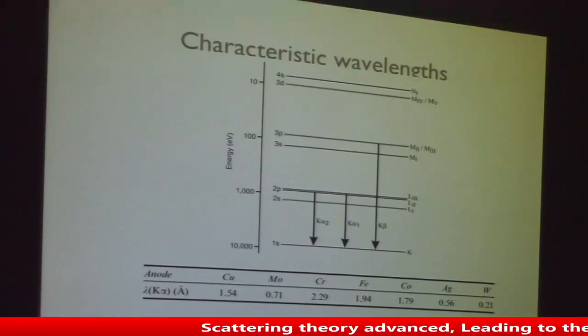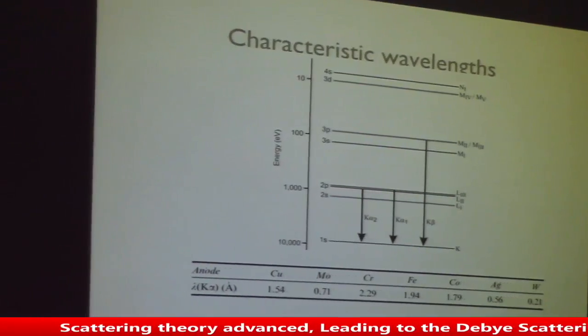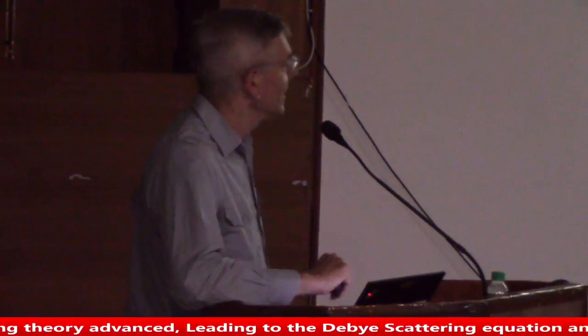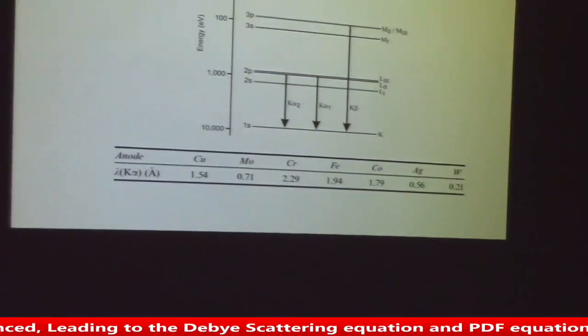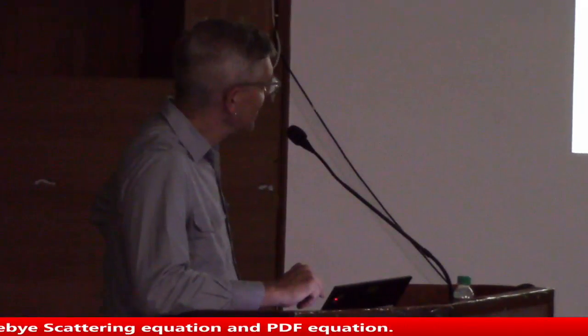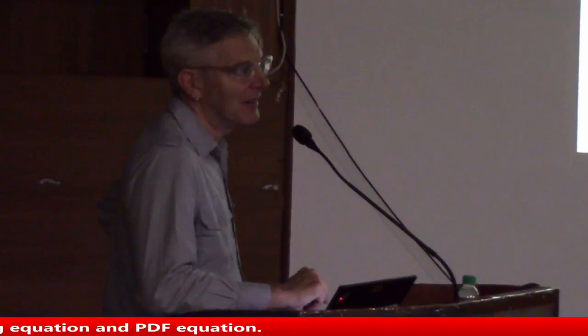So your Qmax is limited to about 14 or 15 inverse angstroms, and that limits your real space resolution. But for most scientific cases, you're in good shape. You can still do a lot with the moly source. And if you need that higher real space resolution, send me an email and get it on the synchrotron.